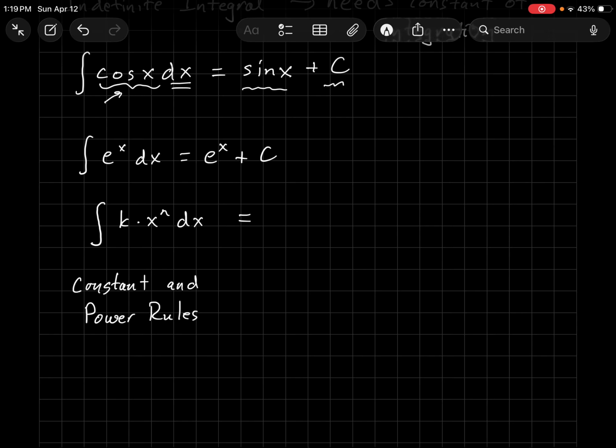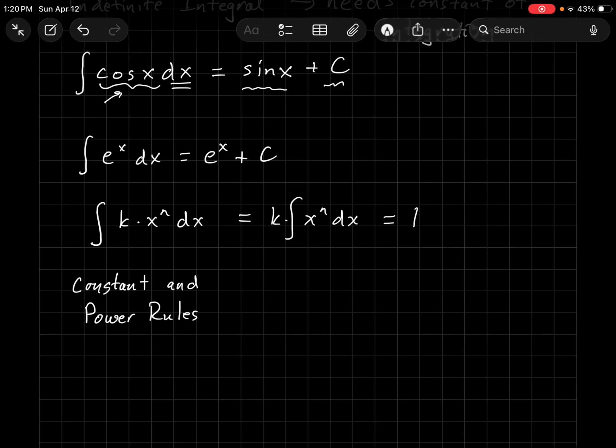And there's a way to do this without guessing and checking, going backwards. We can certainly do it when we have a constant in power rules, because our constant, just like with derivatives, can be ignored until we're done and then multiplied back in.